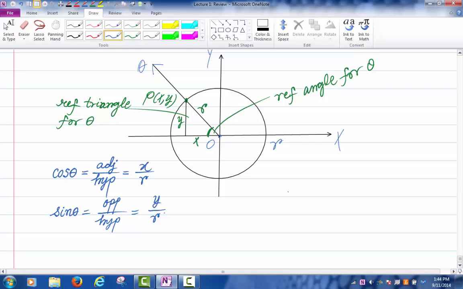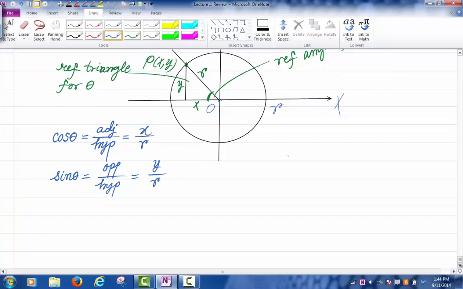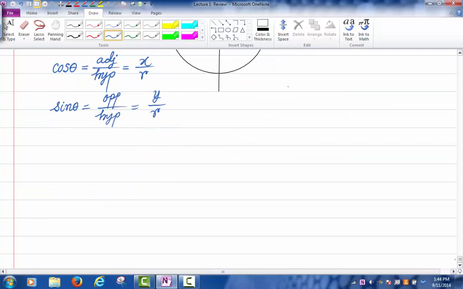How about secant theta? How do you define secant theta? Reciprocal of cosine. Cosecant would be the reciprocal of sine, right? So I'm going to write down all that in a bit. Well, maybe I should write it down right now. So basically, what would be tangent of theta?